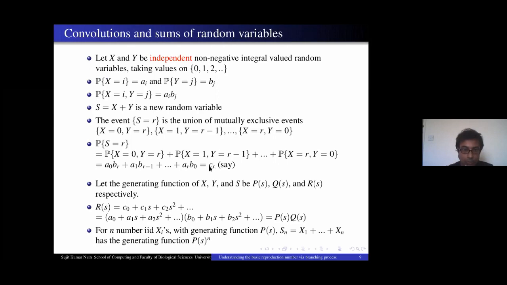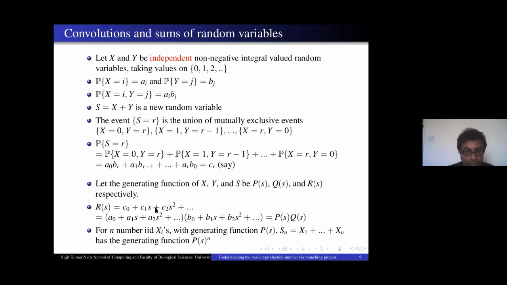Now if I put all the values of c_r here, we can easily notice that this c_r is basically the coefficient of s to the power r in the multiplication of these two polynomials, like a0 plus a1 s. If I multiply these two polynomials and collect the coefficient of s to the power r, you can easily verify that it will come out to be c_r.